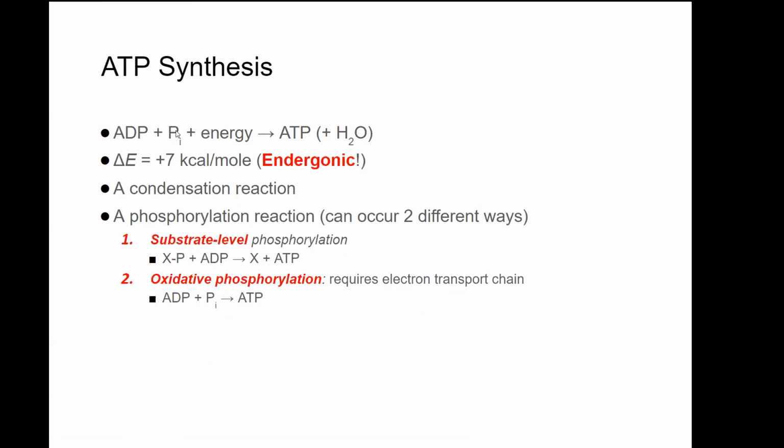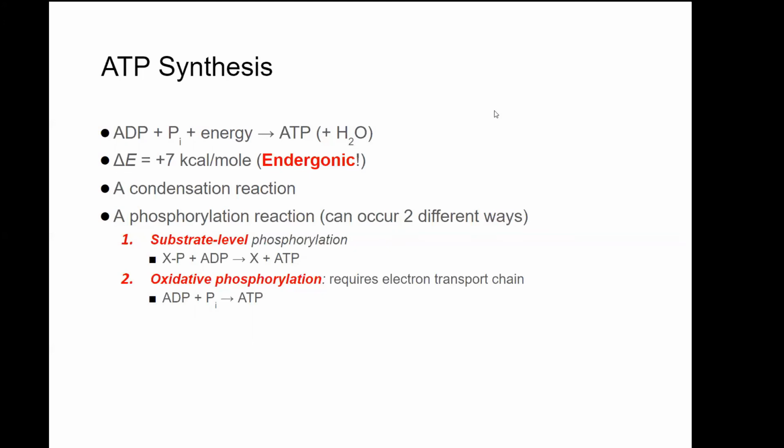This Pi would be a phosphate group floating around in the environment. We need energy to put into that bond to covalently bond that phosphate group on. So this is going to give us ATP. We're also going to get some water out of this process. This is an endergonic process, so 7 kilocalories per mole is what we need. It's also a condensation reaction, because we get water out of it as well.